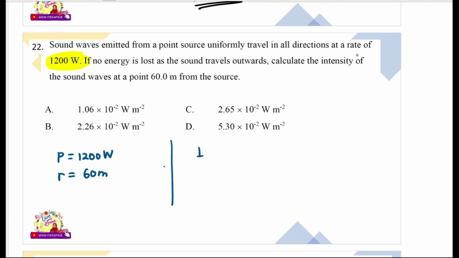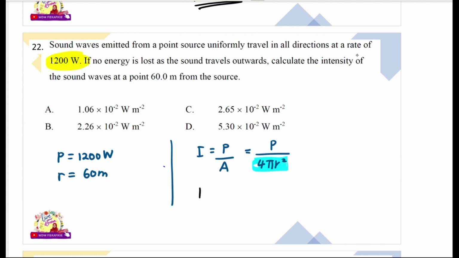So we just use equation of intensity is equal to power over area. Okay, so this is the area of the sphere. So equation area ni jangan salah. So dia adalah 4 pi r squared. Okay, so 4 pi r squared. So you masukkan nilai dia.